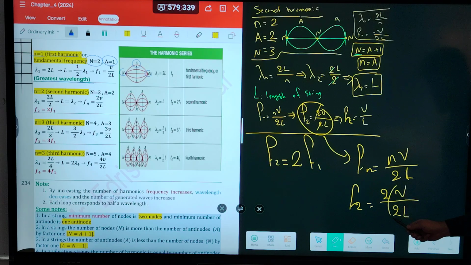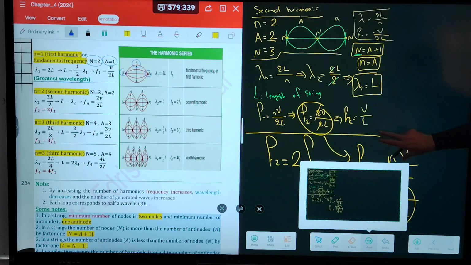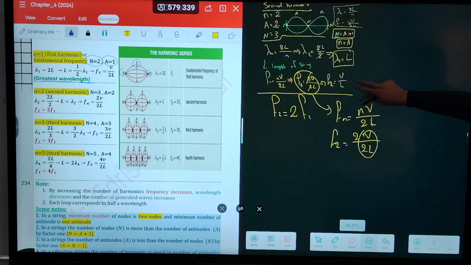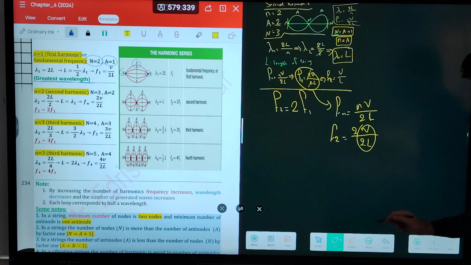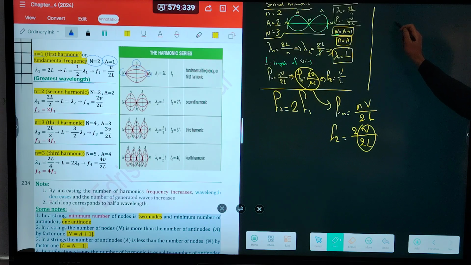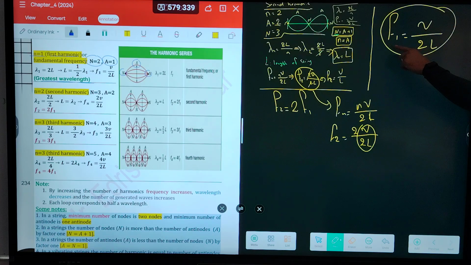If I take out this V over 2L to the other side, look. Guys, do you remember that F1 is equal to V over 2L? We studied this. F1 is equal to V over 2L. What is F1? Fundamental frequency.